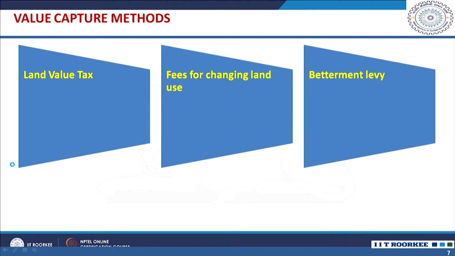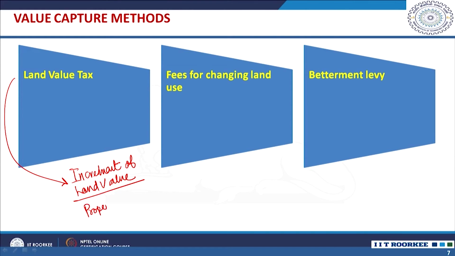The land value tax is basically the increment of land value.